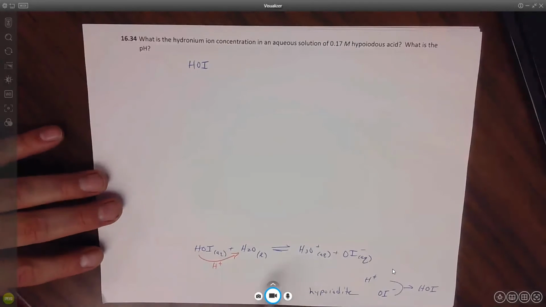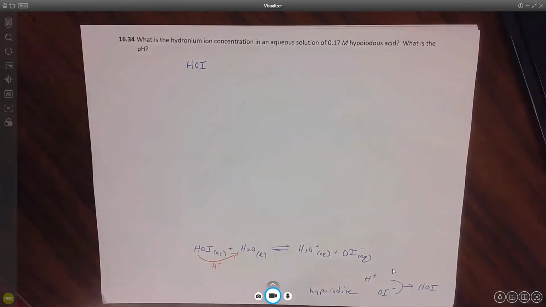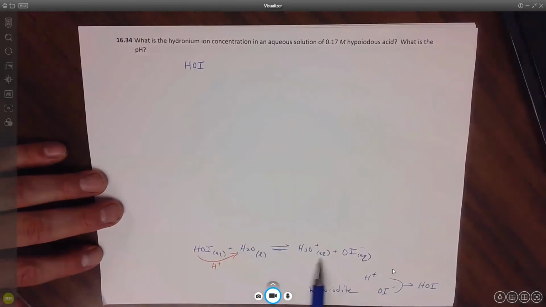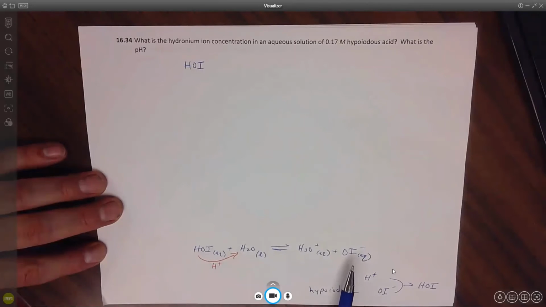And this is normally the way I'm going to write stuff so that you could easily see. And honestly, if you are struggling with this, I suggest that you always write it in this form so that you could see that the hydrogen ion is being transferred. So now we have an acid and conjugate base and an acid and conjugate base.